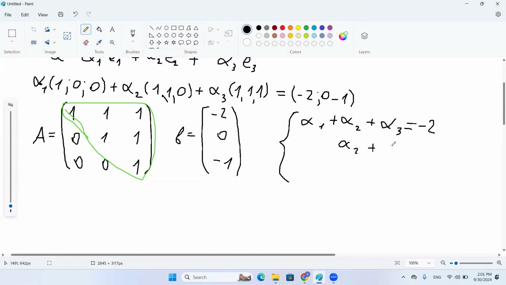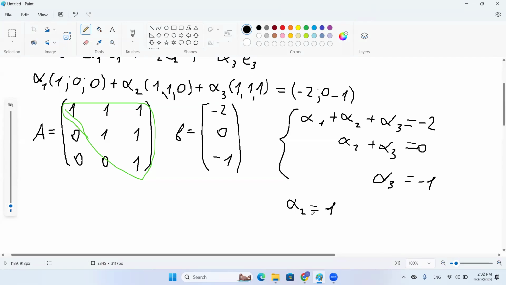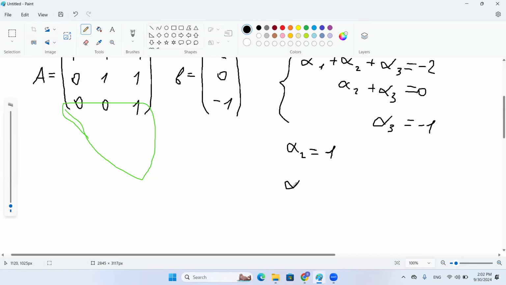So let's do it this way. Alpha 3 is -1, and alpha 2 will definitely be equal to 1, and alpha 1 equals -2 minus alpha 2 minus alpha 3.